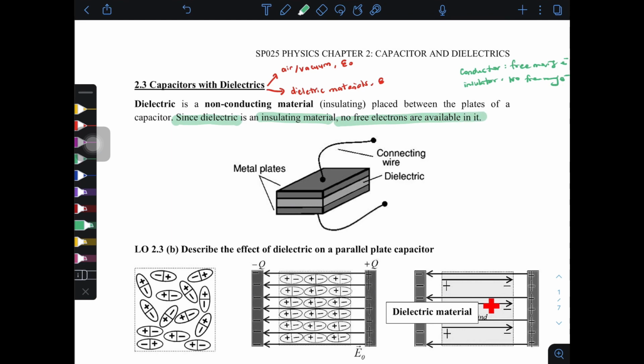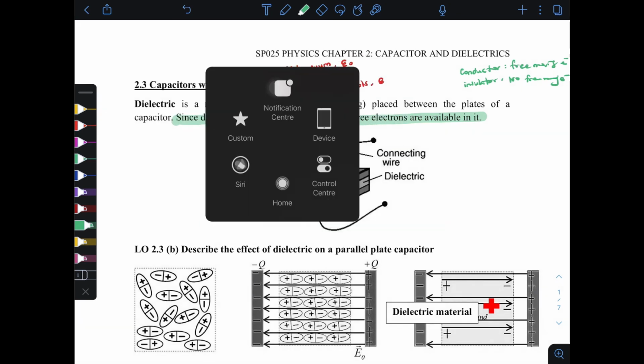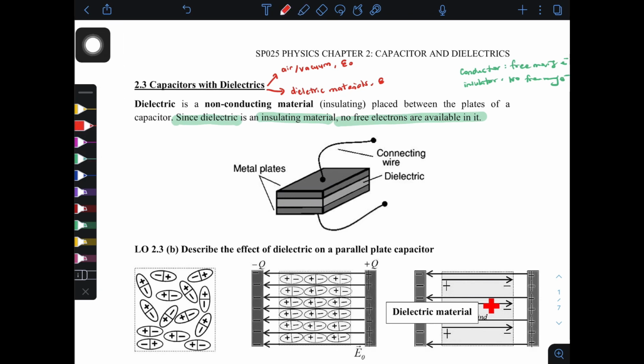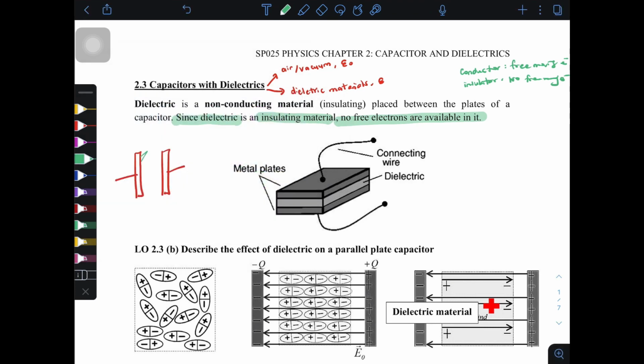Okay. So, kalau kamu tengok, kita belajar what is capacitor. Capacitor ialah dua plate yang duduk secara selari. So, we have a capacitor here. If we put something inside the capacitor, di antara capacitor tu kita letak something which is an insulator ataupun dielectric materials, ini kita panggil sebagai dielectric.